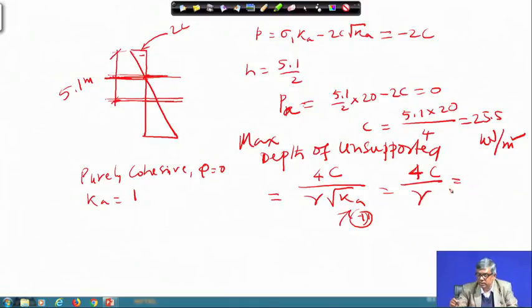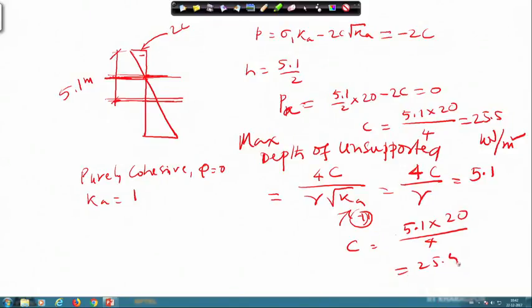So, that means C by gamma, and this is actually we have got 5.1. Okay, then C will become 5.1 into gamma is 20 divided by 4, equal to 25.5 kilonewton per meter square.